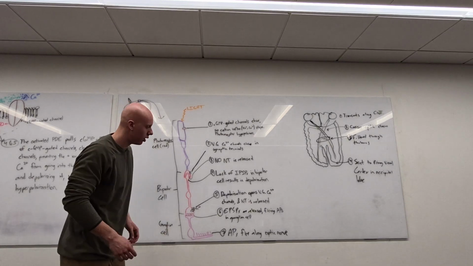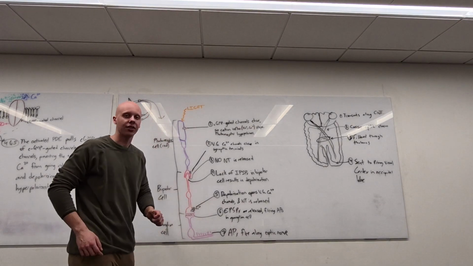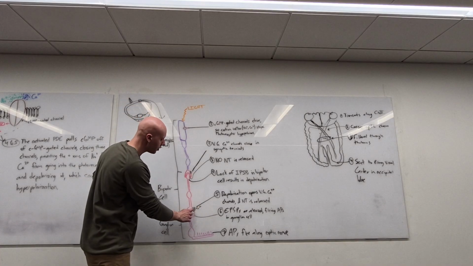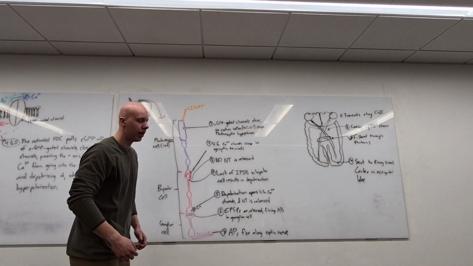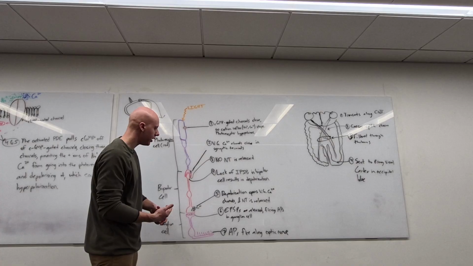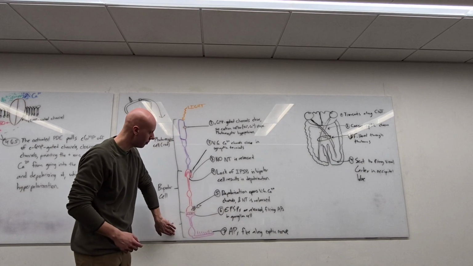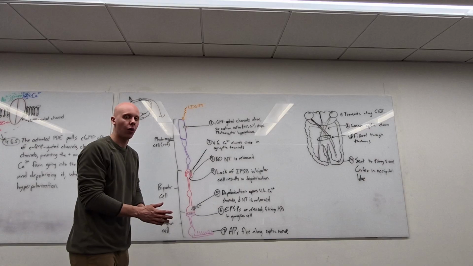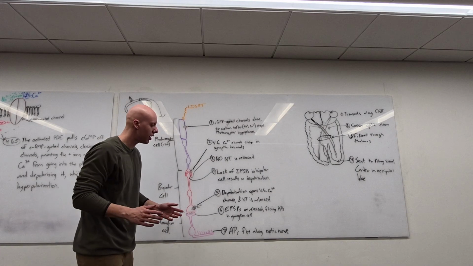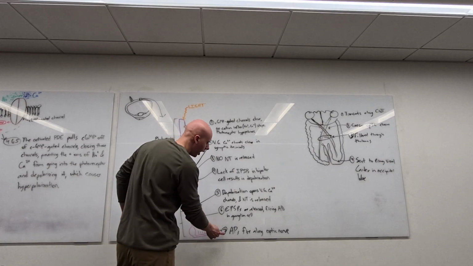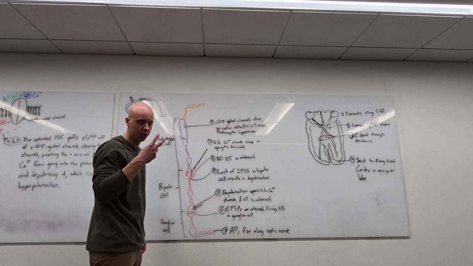That action potential opens up those voltage-gated calcium channels on the synaptic terminals, allowing for calcium influx to come in, which then allows for EPSPs to be released onto the ganglion cell, which will cause many action potentials to be fired along the optic nerve, cranial nerve 2.